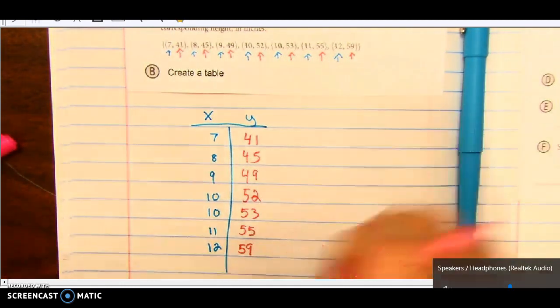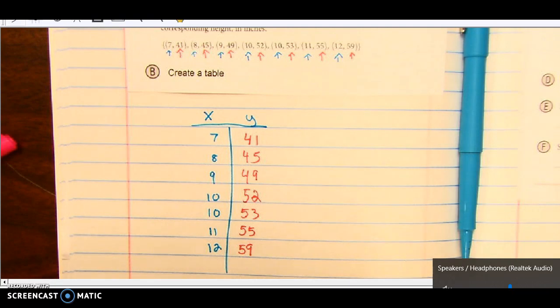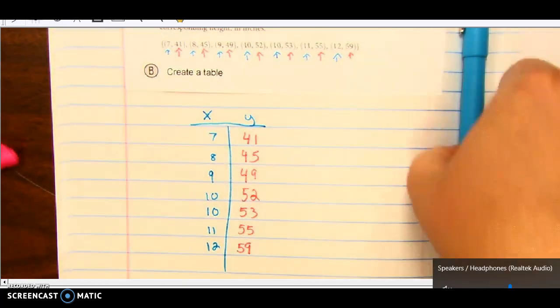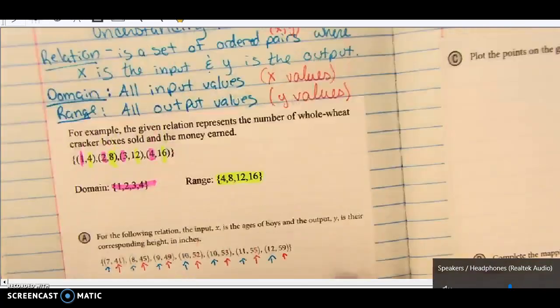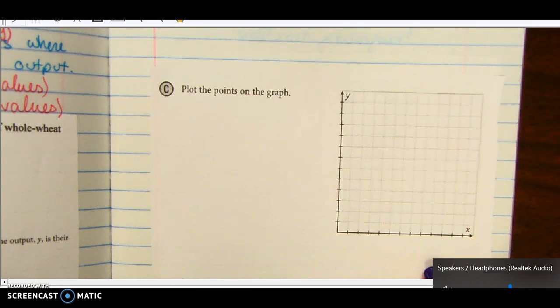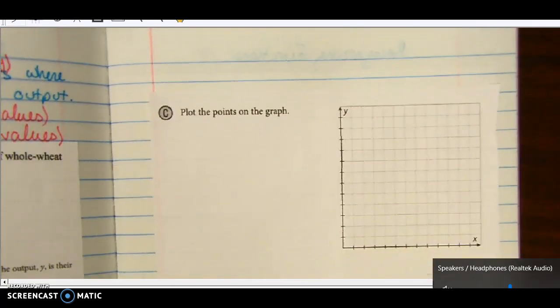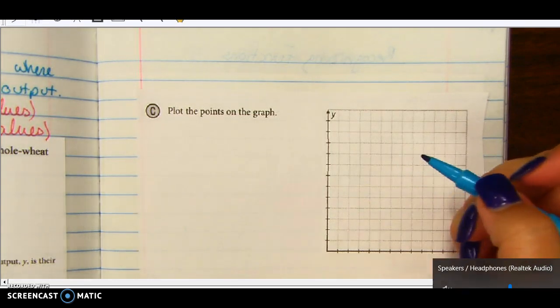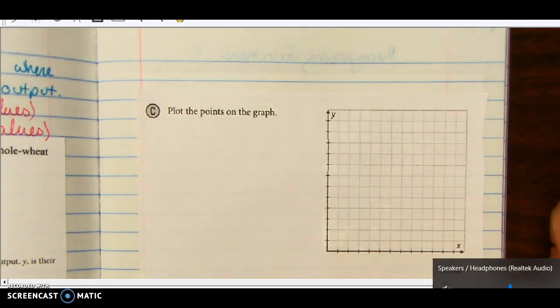Now, if we plot the points on our graph, we need to remember that each one of these points here was a coordinate point. So this is 7, 41. So if we go over here and you have your graph on page 35, we're going to need to plot these points. So the first thing we're going to have to do is figure out what our X and Y values are.